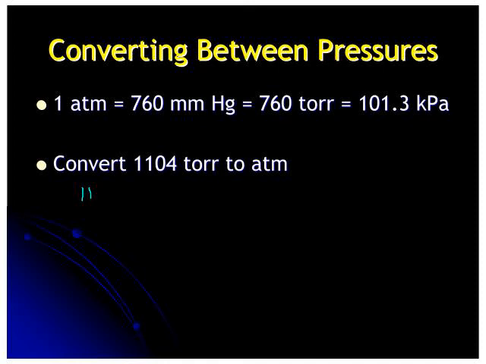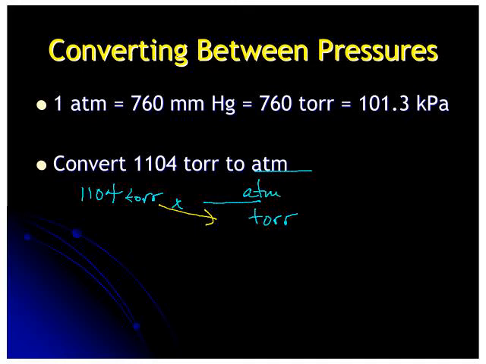Okay, let's start with our first problem. We've got 1,104 torrs, and we want to convert that into atmospheres. Torrs is on top, so diagonal down we have to have the same units, and we're looking for atmospheres, so that's what we'll put on top. On our conversions, next to atmospheres it's a 1, and next to torrs is 760.